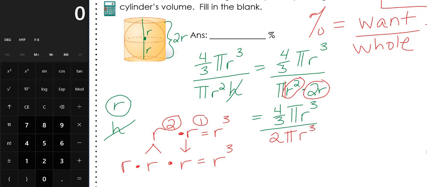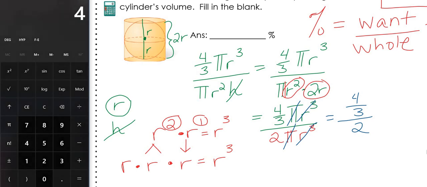And now let's take a look at all the algebra magic that's going to happen. Okay? The pi's will definitely cancel. The r cubes will definitely cancel. It's the same top and bottom. So we're left with 4/3 all over 2. Now, most of you know the keep, change, flip type of thing to divide this fraction, but I'm just going to use my calculator.